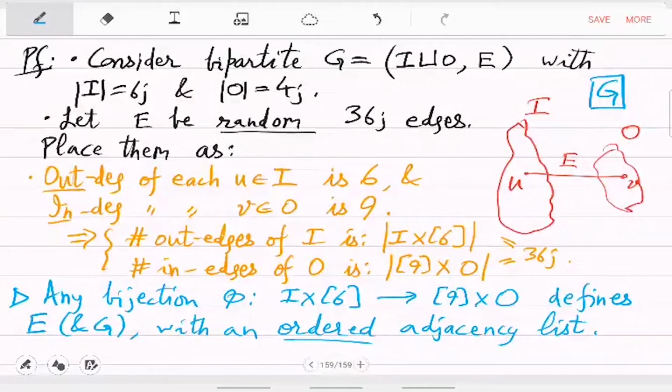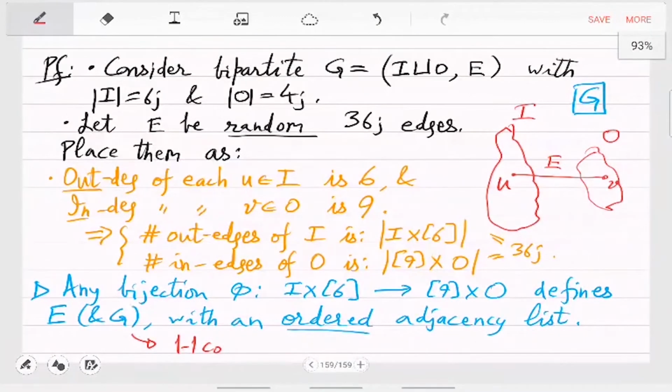That's the one-to-one correspondence between the graphs and the bijections. Now, how many bijections are there?